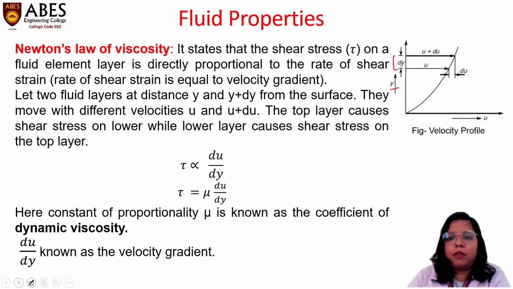This gap is dy. And there are two different velocities. The velocity of layer 1 is u, and the velocity of layer 2 is u plus du. So the top layer causes a shear stress on the lower layer, while the lower layer causes shear stress on the top layer.